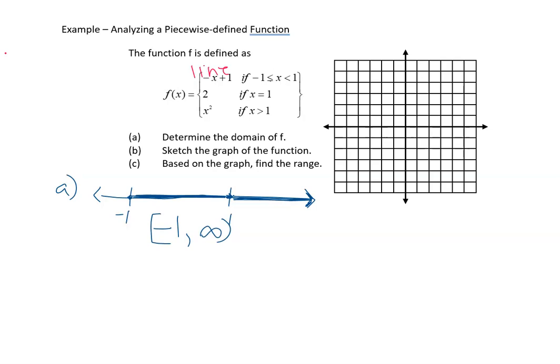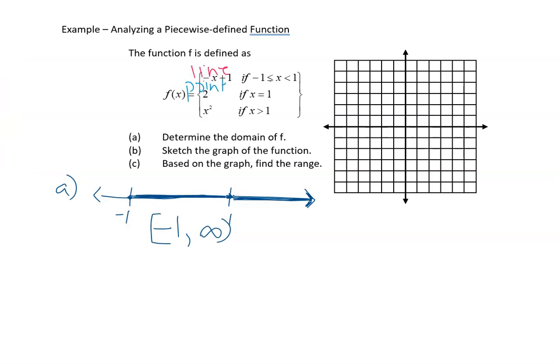The middle piece of the definition here is defined with just a constant, which implies that it's a horizontal line. However, since it only exists for a single x value, then rather than being a horizontal line, it's actually going to be a point.